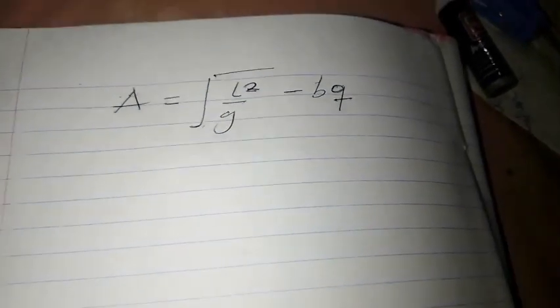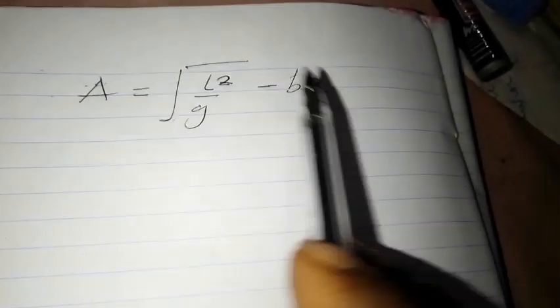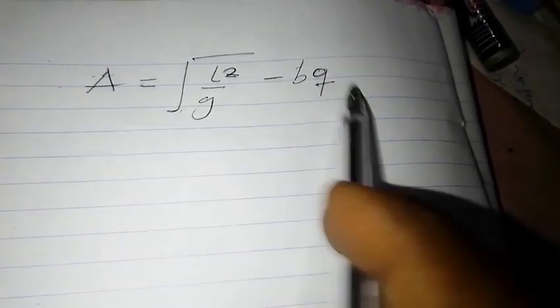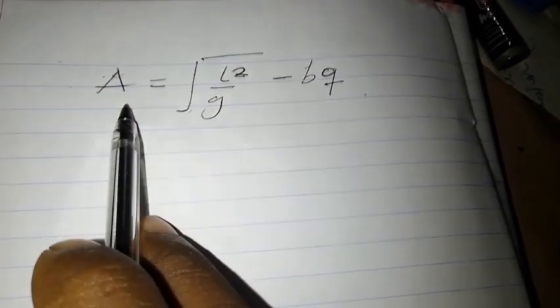This is a bit different from the one we solved earlier on. Someone will ask how. Good. There is a minus, and it's not in the square root, it's outside the square root. This is equal to the whole of this. So let me write here, make Q the subject.